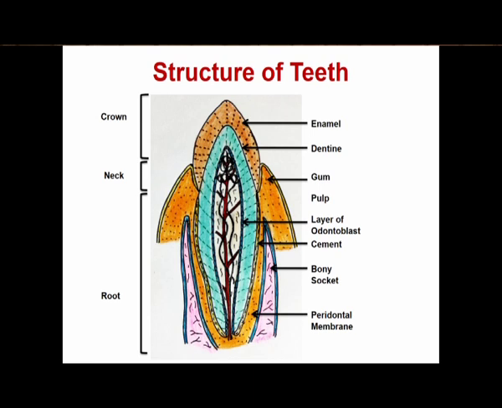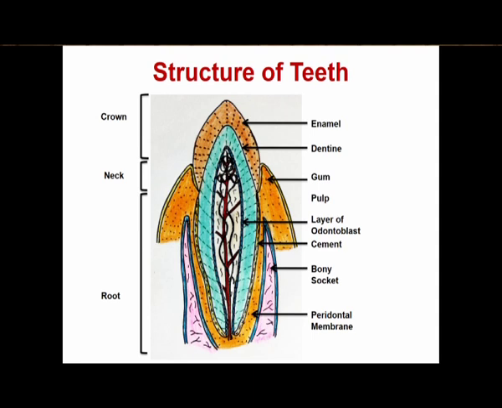Within the dentine we have a central cavity, and that central cavity has the blood vessels, the nerve tissues, and the pulp, and that is known as the central pulp or the tooth pulp.